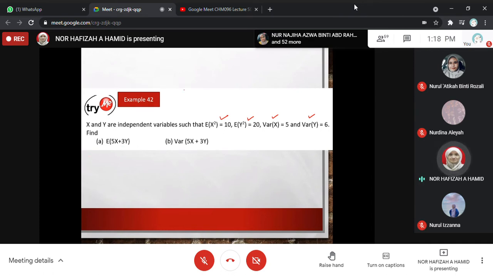To find E of 5x plus 3y, you can apply the rules for expected value. The rule gives 5 E of x plus 3 E of y.